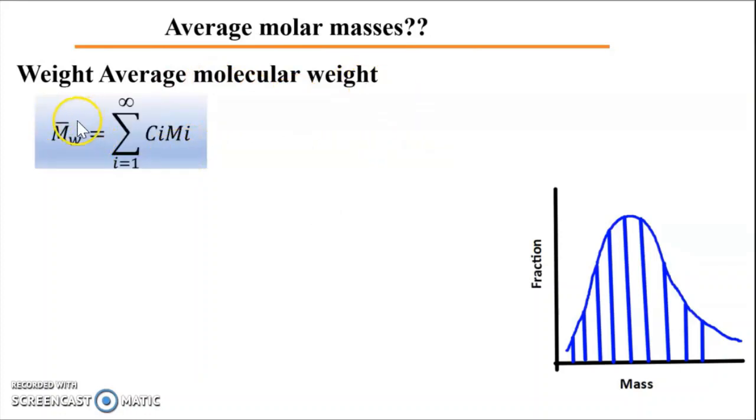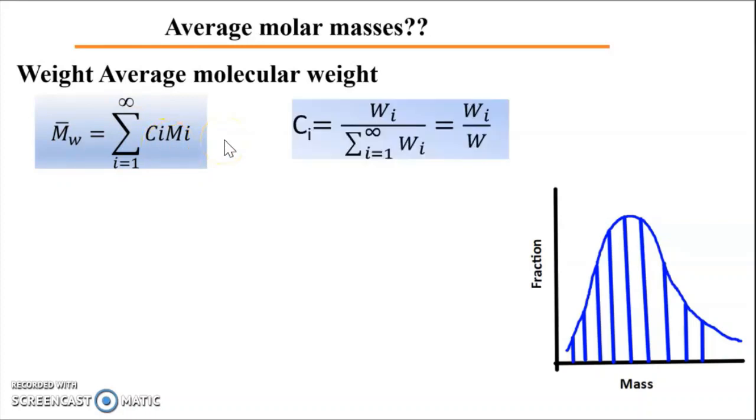It's the weight average molecular weight of polymer chains. So for each M with a specific repetitive unit, as I said before, we have a fraction in mass. As we have a fraction in number, we have here a fraction in mass. So to determine the weight average molecular weight, I have to multiply the fraction of weight of each i times the mass of each i. So the weight average molecular weight equals the sum of all CiMi.